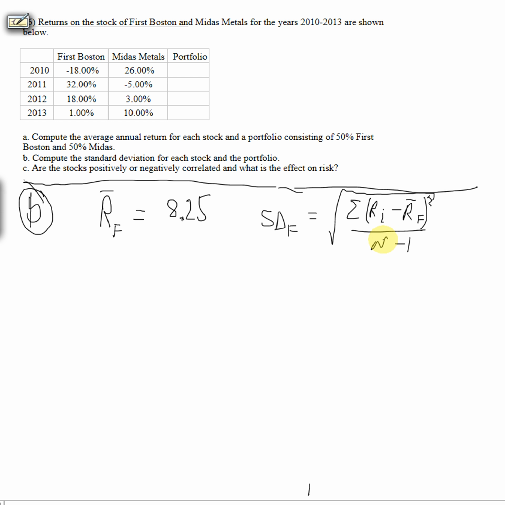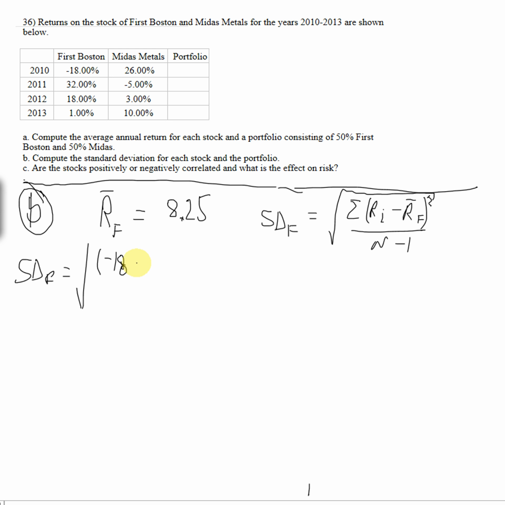So we'll have to now expand this formula by plugging each of these returns into this formula. So that will then be STF equals square root big one. First was 18%, so that's this value here, 18%, minus the mean, that's RF bar.